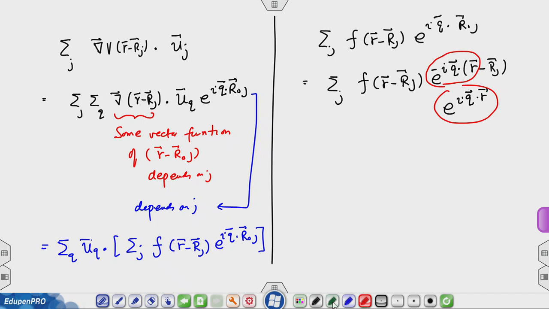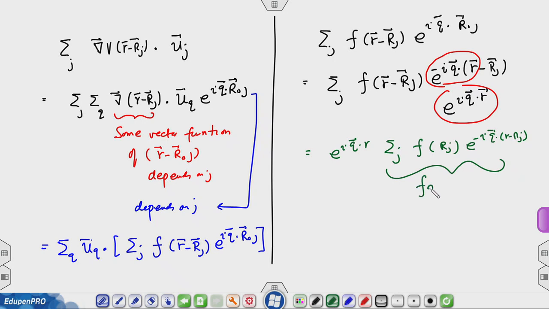But the advantage of doing this is that I can write this as e raised to I q dot r, summation j some function of r j, e raised to minus I q dot r minus r j, same quantity. So this can be written as f q.